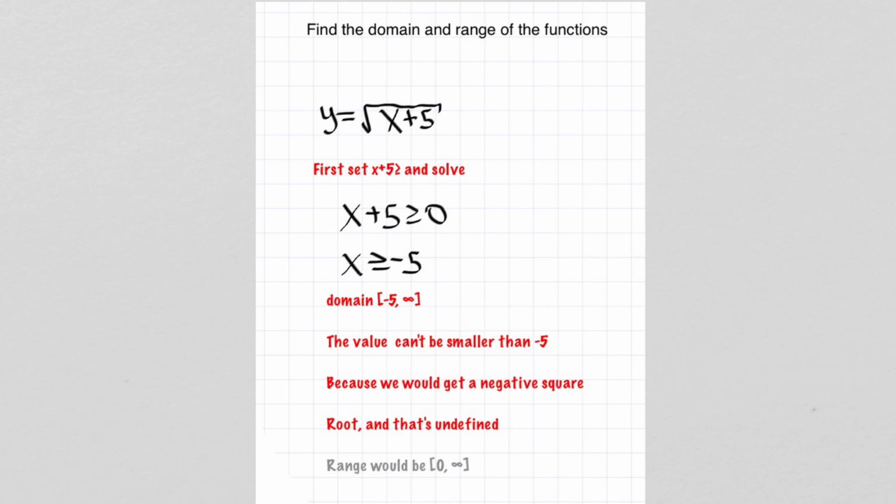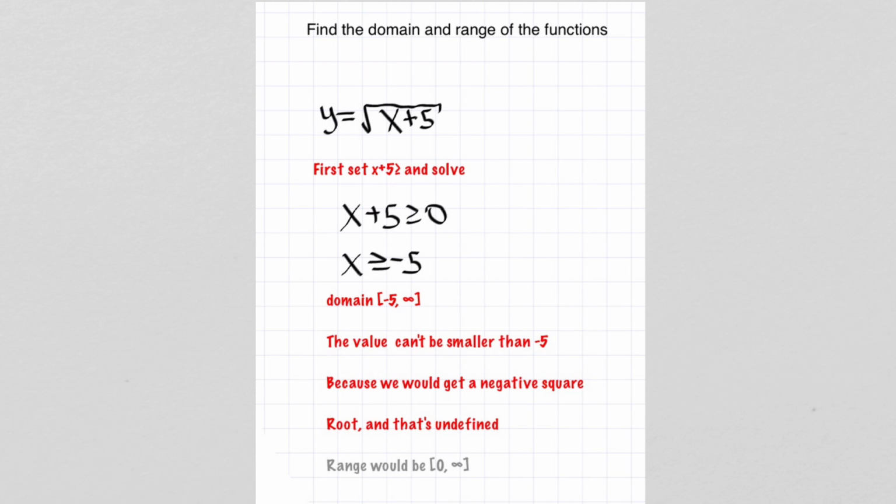The domain and range of y equals square root of x plus 5. So I'm going to set what's in the root, x plus 5, greater than or equal to 0. And then when we solve it, x is greater than or equal to negative 5.